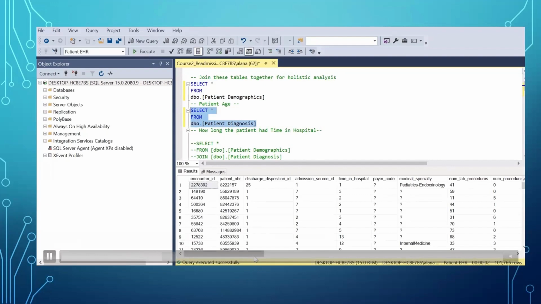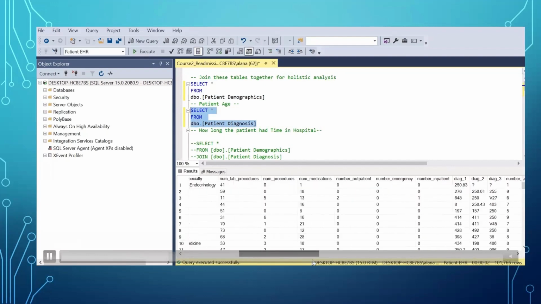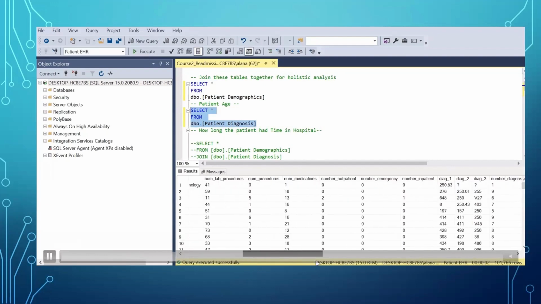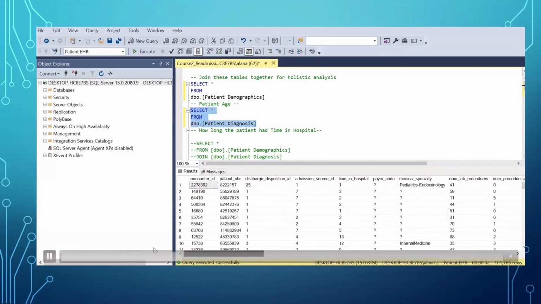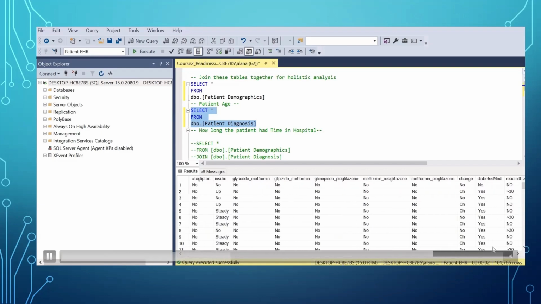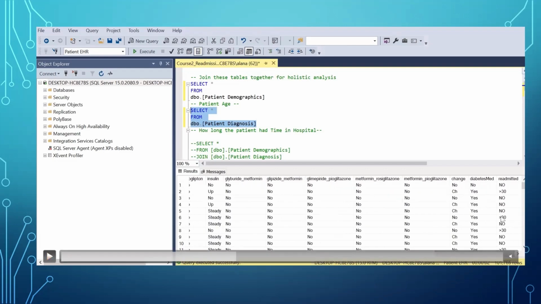You have time in hospital, you have the number of days they're in hospital, number of diagnoses for the patient. And it also has a really important key column, which is the patient readmission rates column.